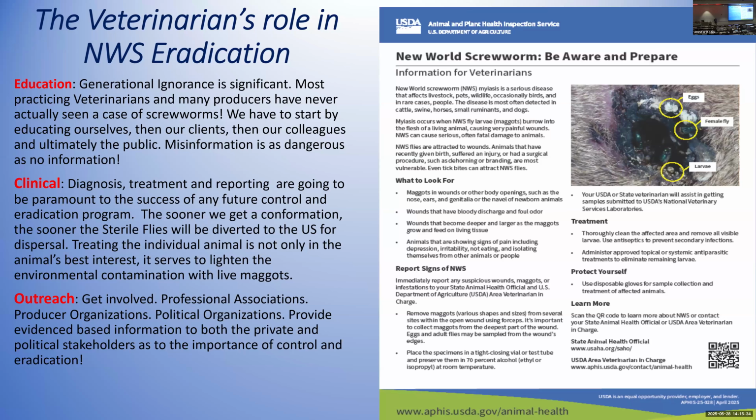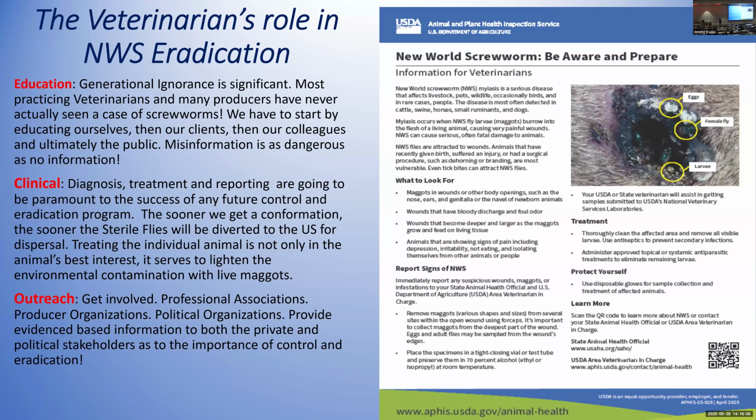Third responsibility, I do think we need some outreach. Get involved in your professional organization, your producer groups. I'm not really big on political organizations, but it's important. We need to inform the key players out there how serious this is and how important it is that we get control.